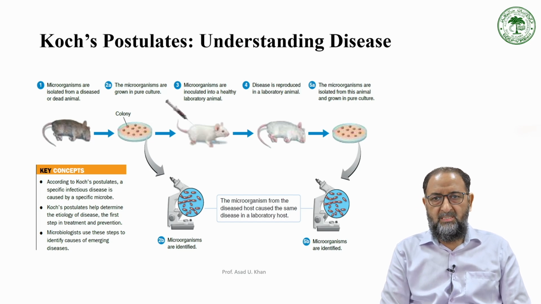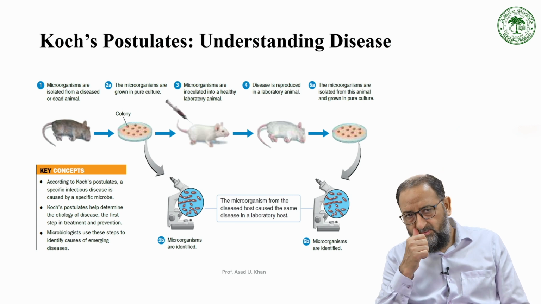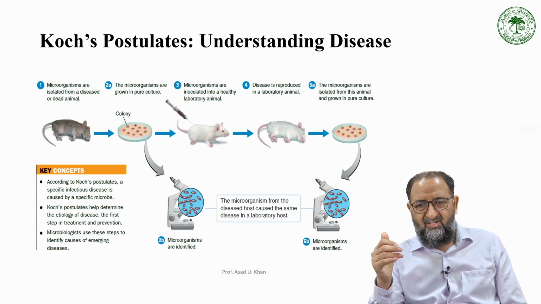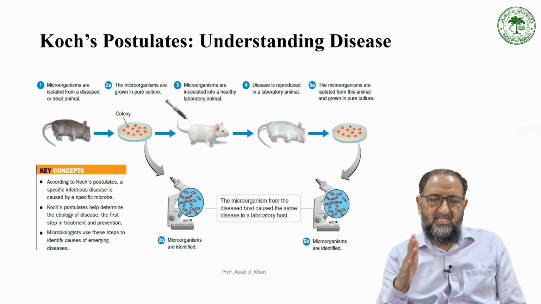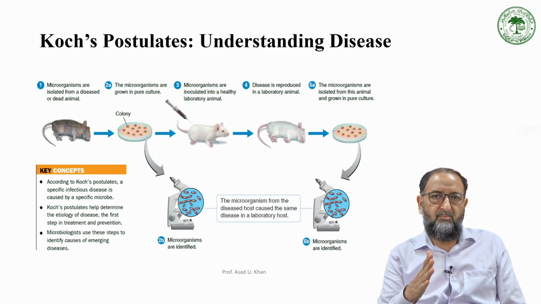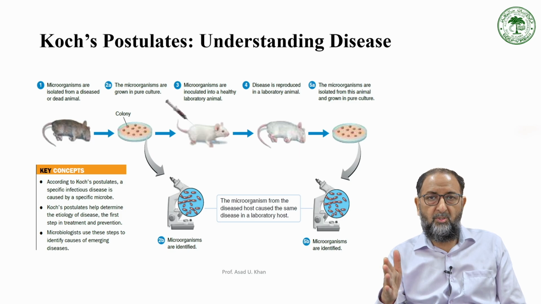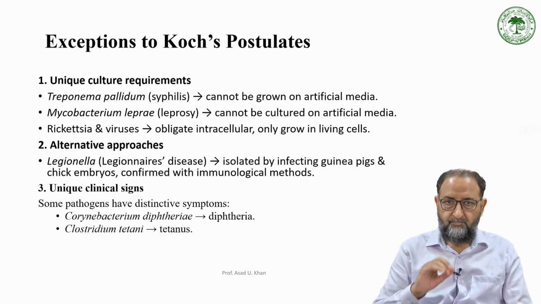Number 4, the same disease is reproduced in the laboratory animal, and from the same experimental animal the microorganism can be isolated again and checked. So basically point 2A, 2B and 5A, 5B are the same. It means the same microorganism is proved to be isolated from the diseased patient or animal model and is responsible for causing the disease.